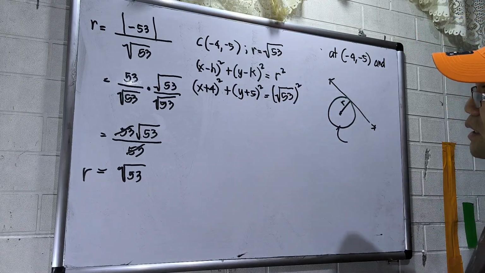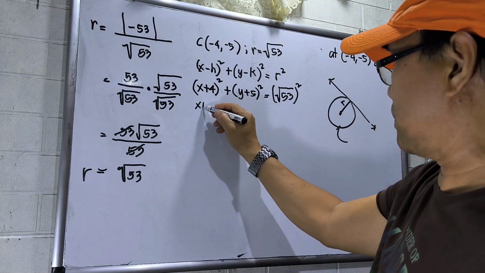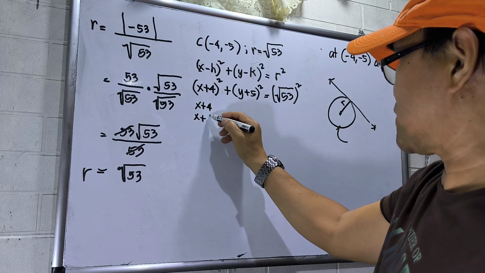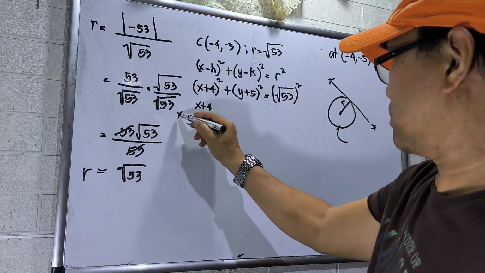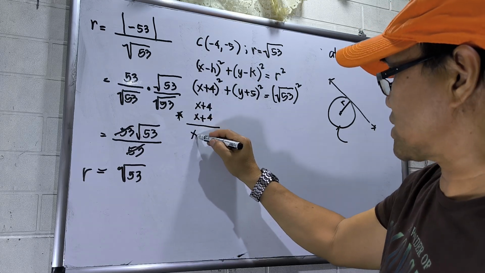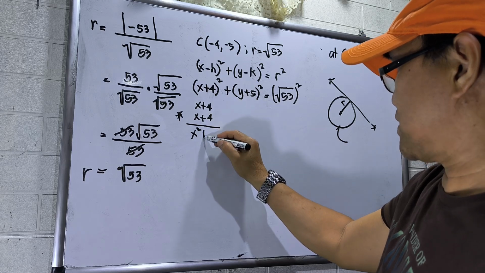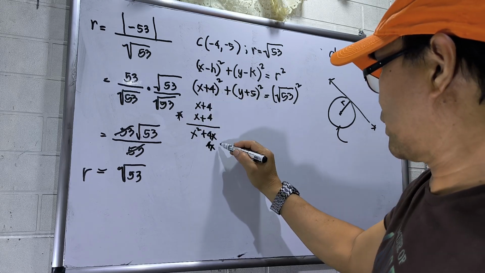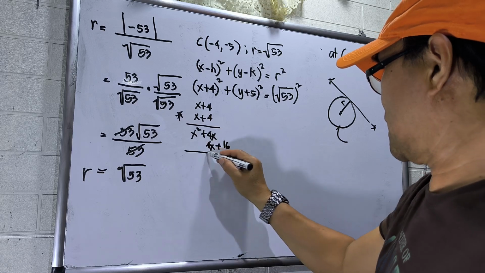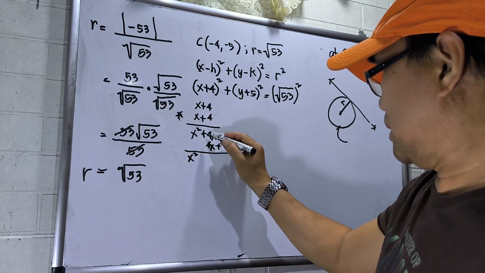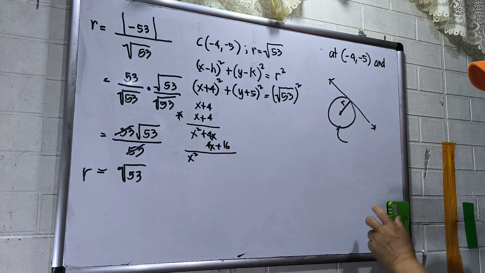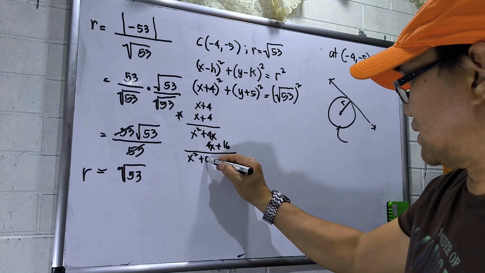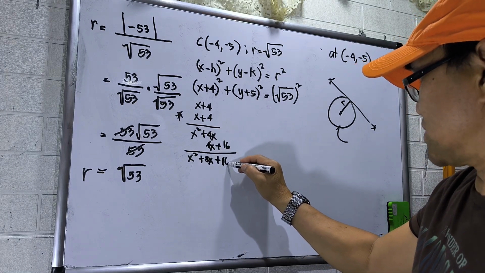Then expand this one: x plus 4 times x plus 4. x times x is x squared, plus 4x, plus 4x, and 4 times 4 is 16. So bring down x squared, 4x plus 4x is positive 8x, plus 16.